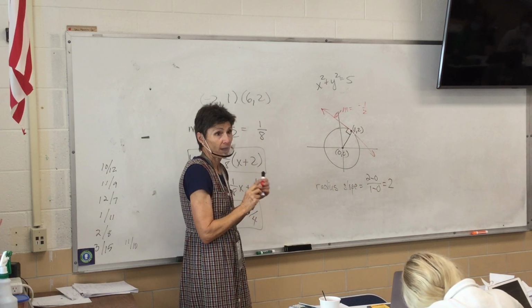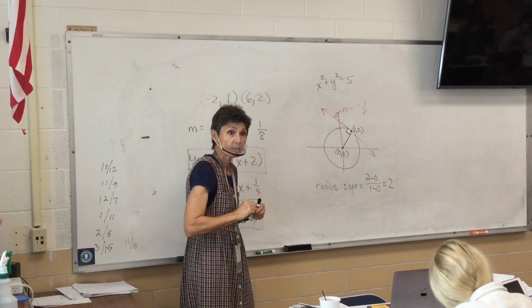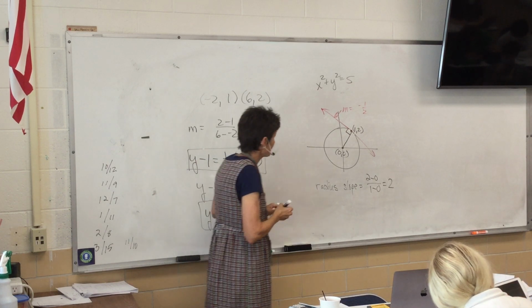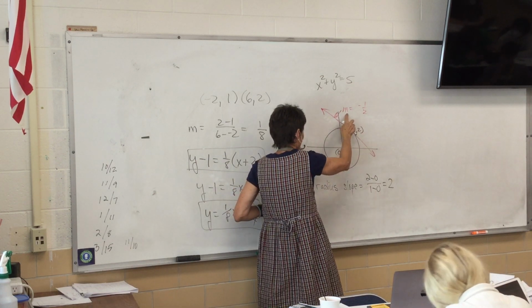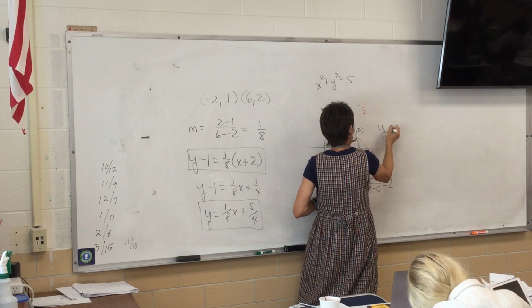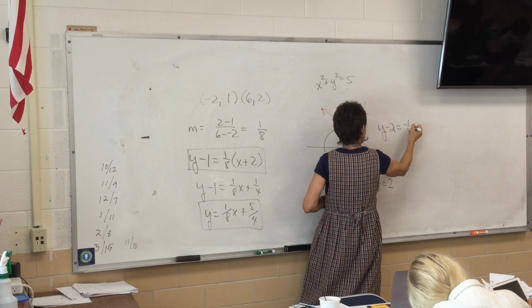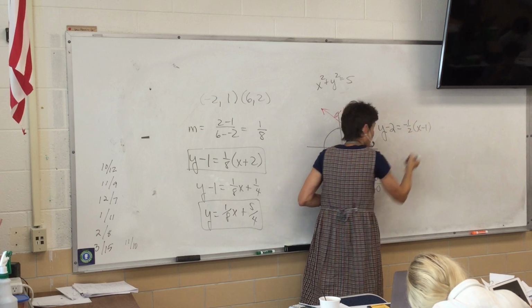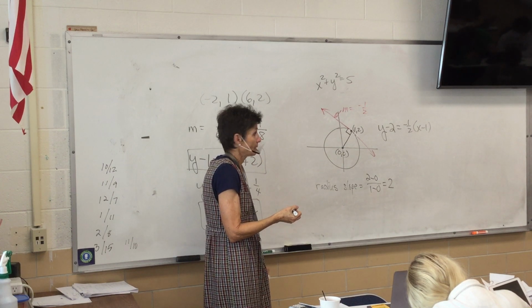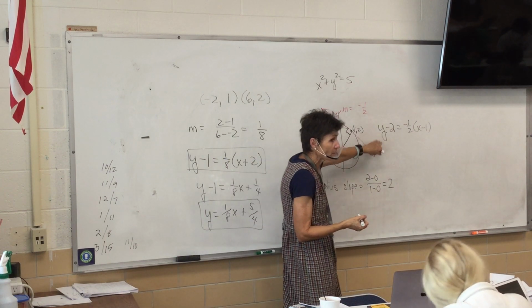Because perpendicular lines have opposite reciprocal slopes? So now I have my slope, and I have my point. Can I write y minus 2 equals negative 1/2 times x minus 1? That is your point slope form.